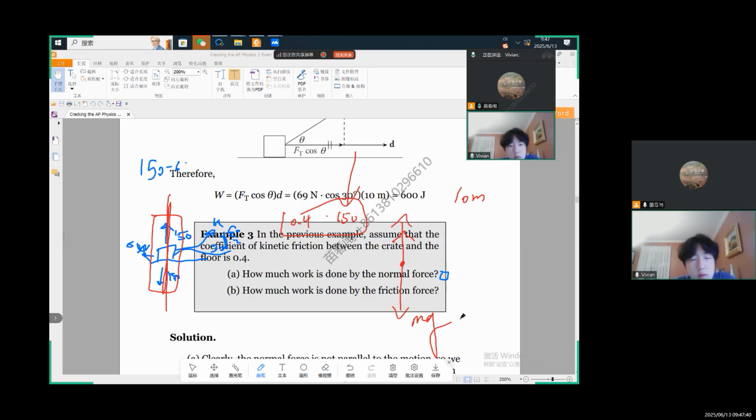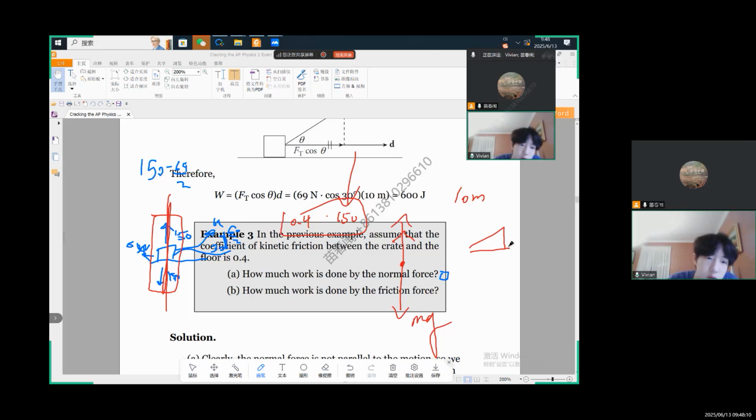Oh, that's a cosine theta. Yeah, okay. Then you're using a special angle at that. 34.5. 150 minus 34.5.